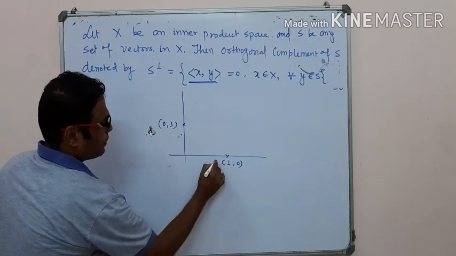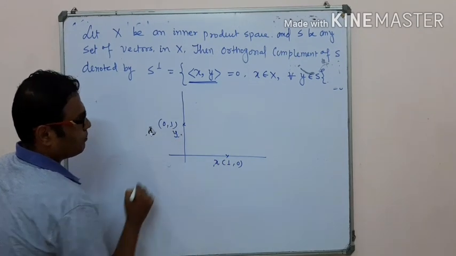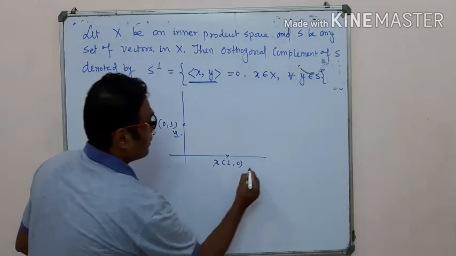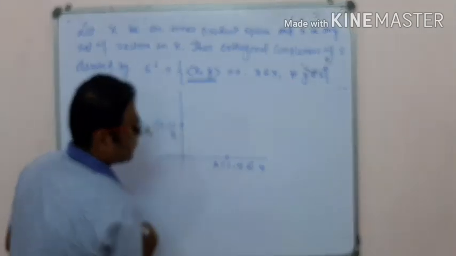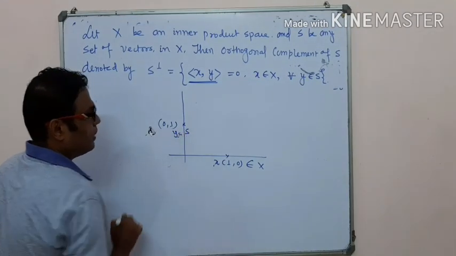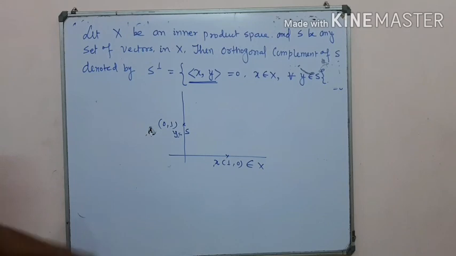So x is perpendicular to y or y is perpendicular to x here. Suppose this is an element of X, then obviously this is an element of S. So this is the structure of the orthogonal complement.